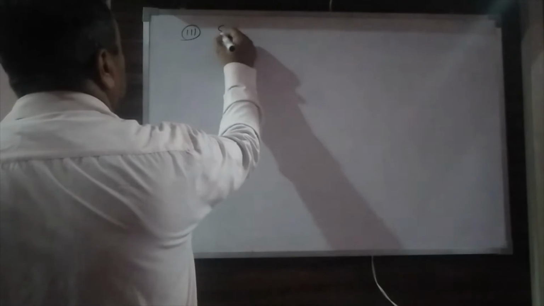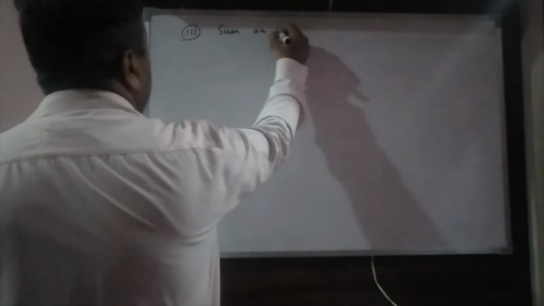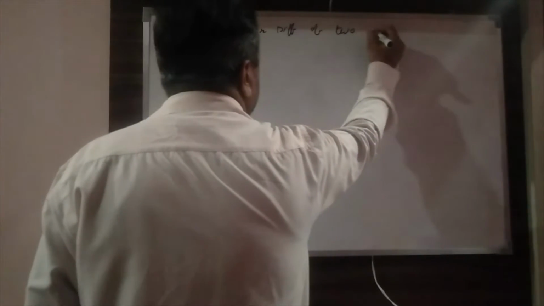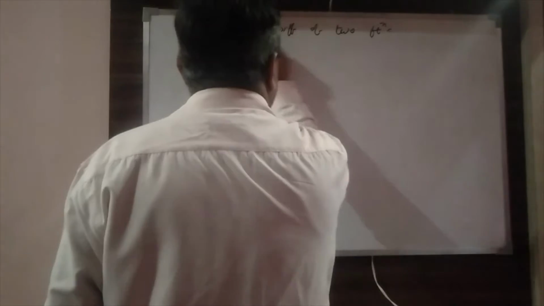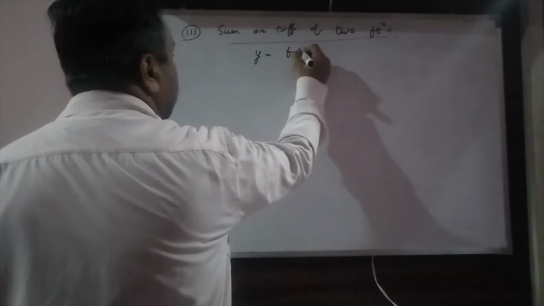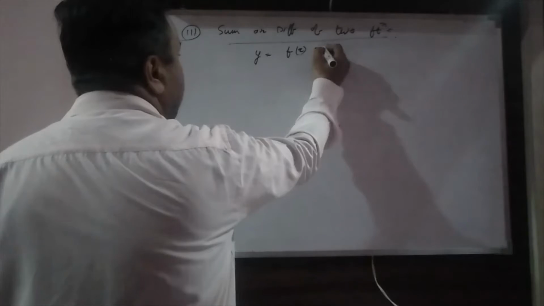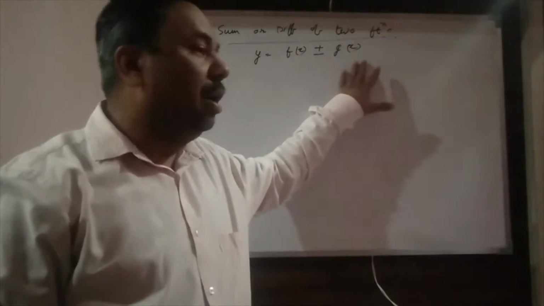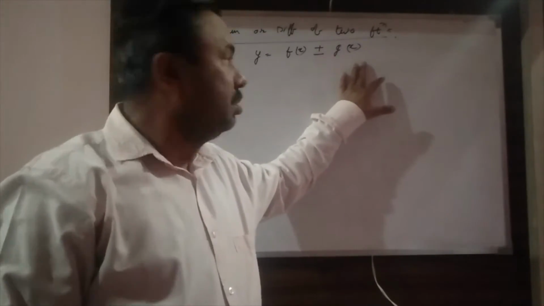Okay, now let's take the third type of combination, the sum or difference of two functions. Suppose that y is equal to f(x) plus or minus g(x), where f(x) and g(x) are two different functions.